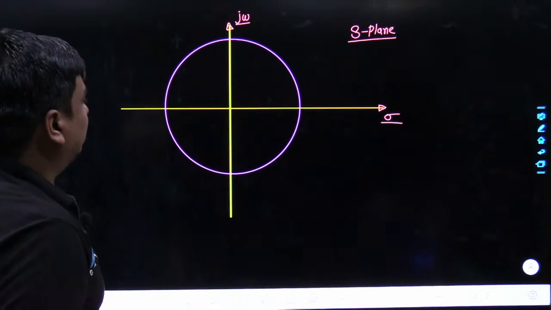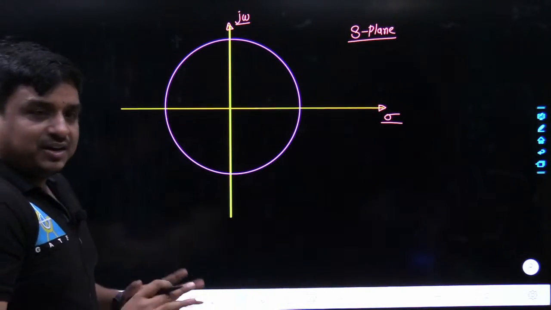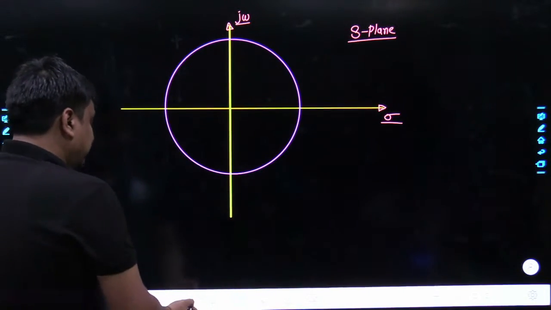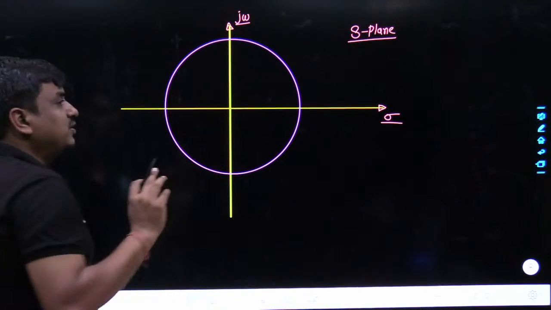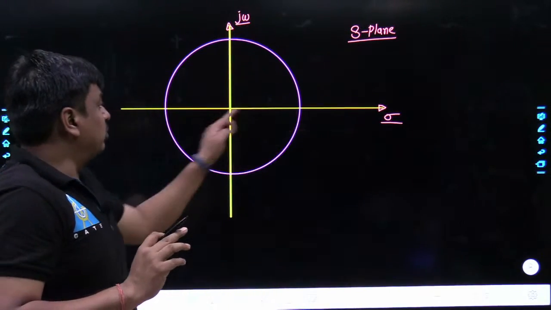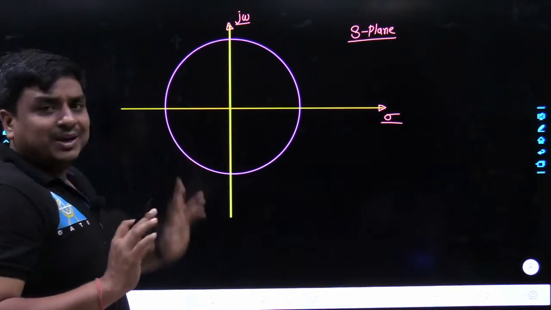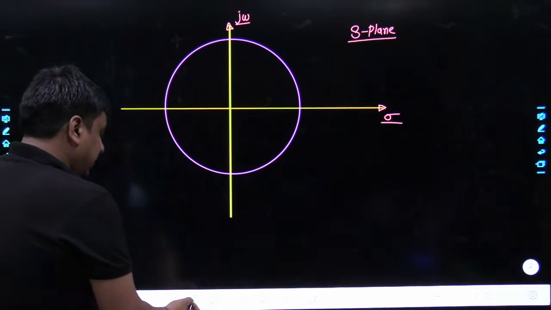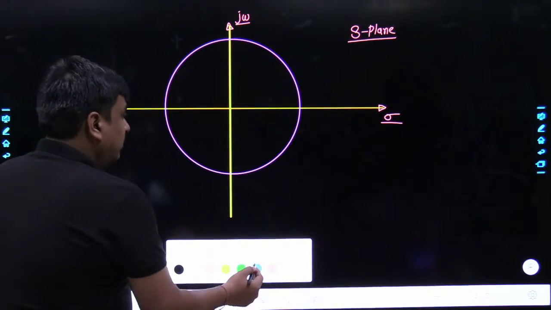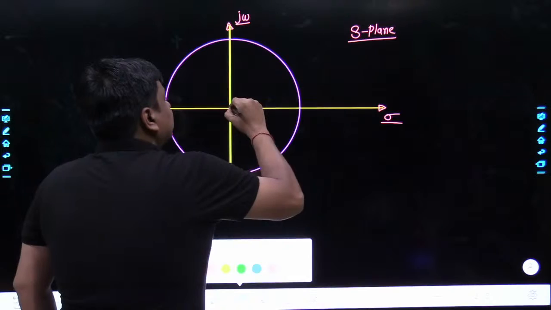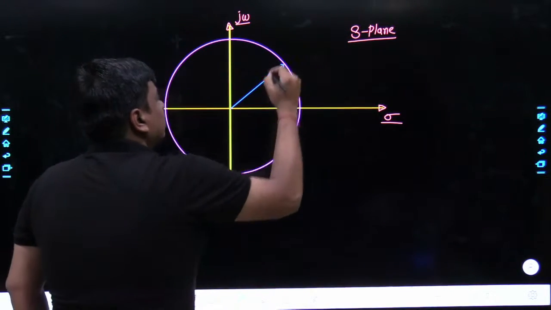Probably it may not look exactly like a circle, but it is a circle. And you can see very well the circle is centered around the origin of the s-plane. That means the value of sigma would become 0 and the value of omega would become 0 at this place. Not only that, we have even seen the radial distance of this circle would be precisely equal to omega n.